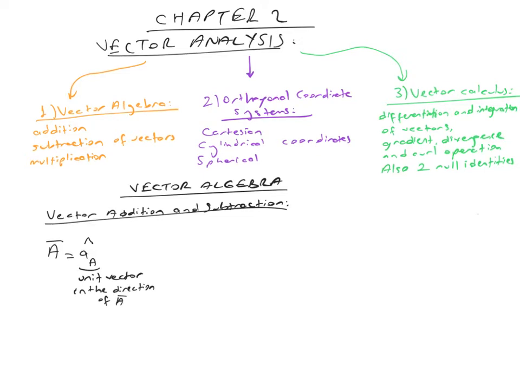And magnitude of a vector is demonstrated after unit vector representation, and it is demonstrated by a letter which is used to demonstrate the vector, which is capital A in our example. Magnitude of the vector. Another representation of magnitude of vector is absolute value of vector.